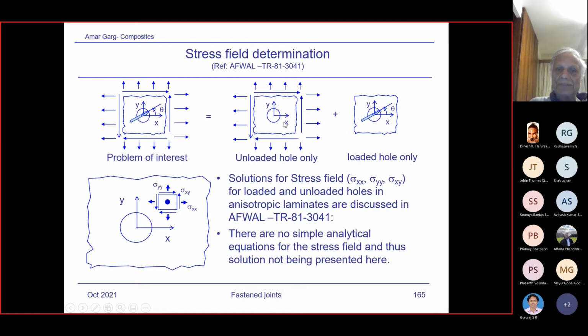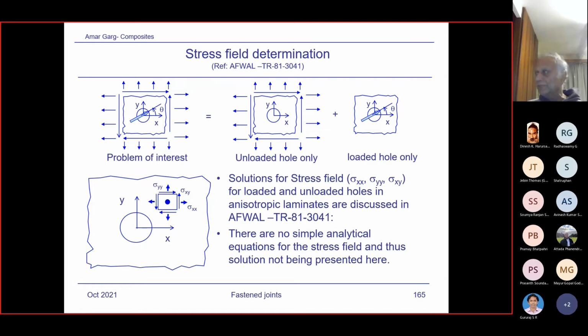And now to solve this problem, what they did, they used a complex variable method in order to determine the stress field due to all these loads, the stress field around the hole at any point within the laminate.